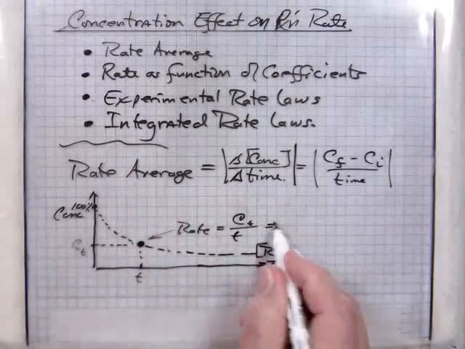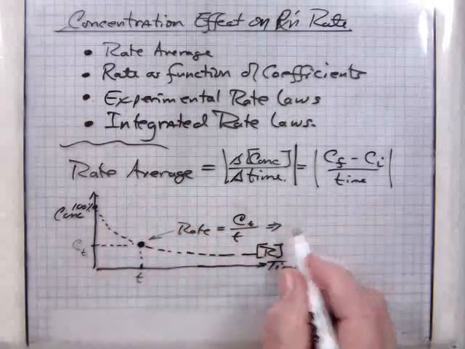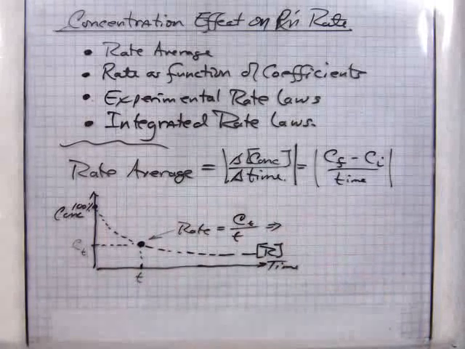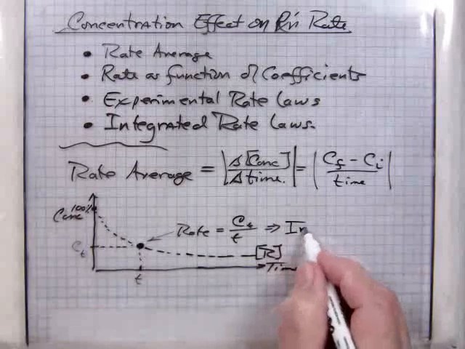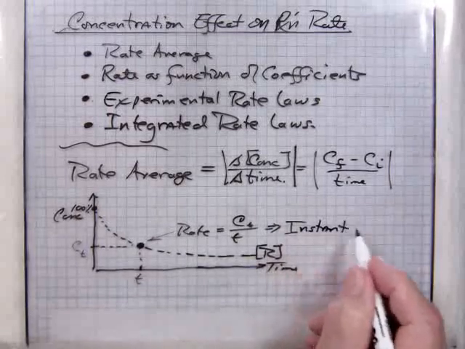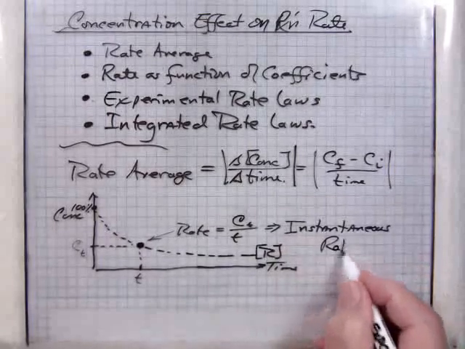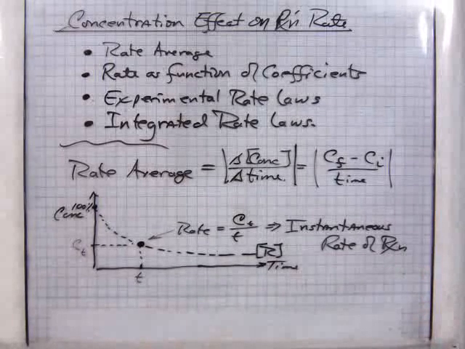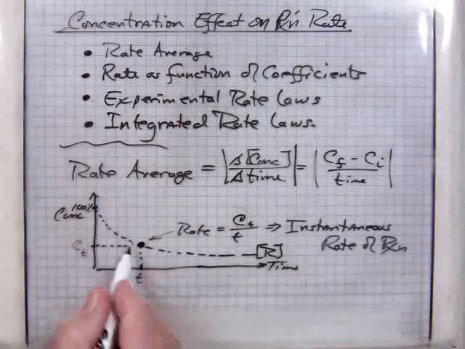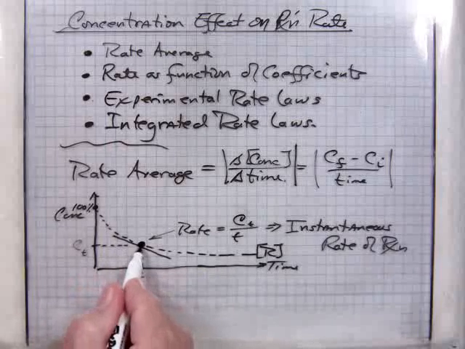And what I'm trying to say here in this rate averaging is that what you're talking about in the description of rates is what they call an instantaneous rate. So as far as terminology, that's quite important as you go through, because when we talk about the instantaneous rate, we're really talking about the slope of the line that touches that point.